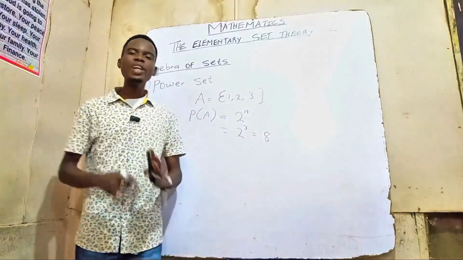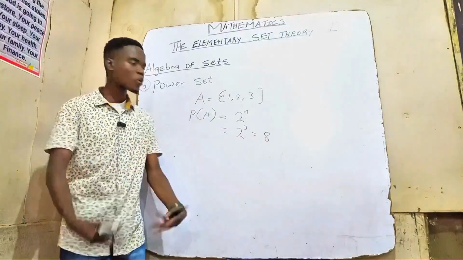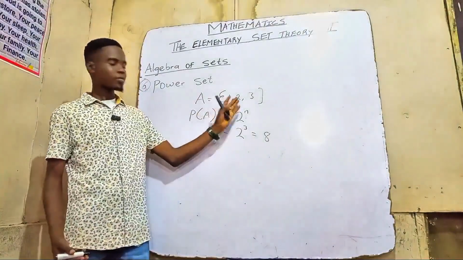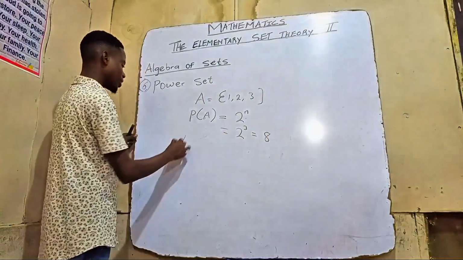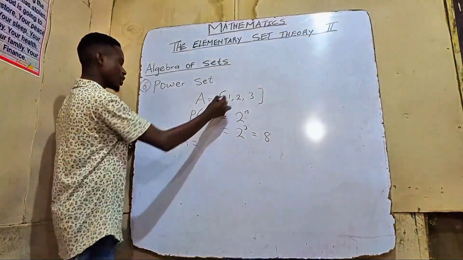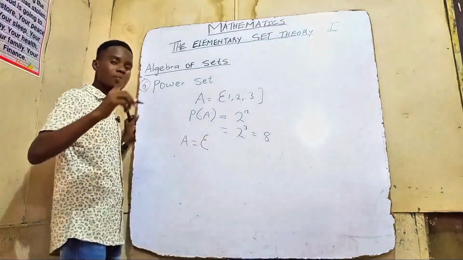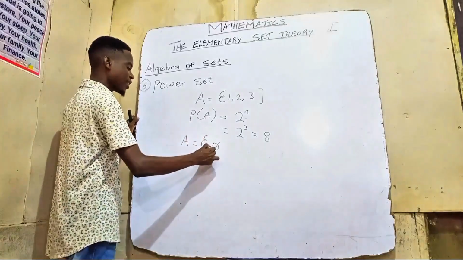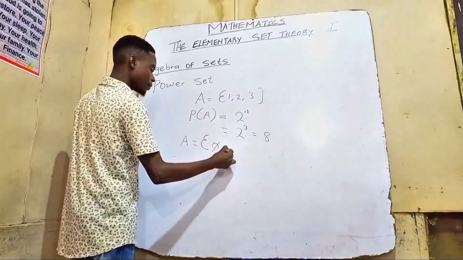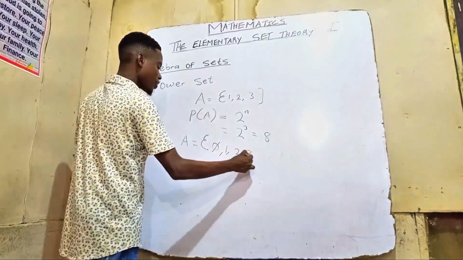Now, if we are asked to list the possible subsets of this set, that will make up the power set of A. Every set has an empty set, so you consider the empty set first. Then you consider 1, 2, 3.